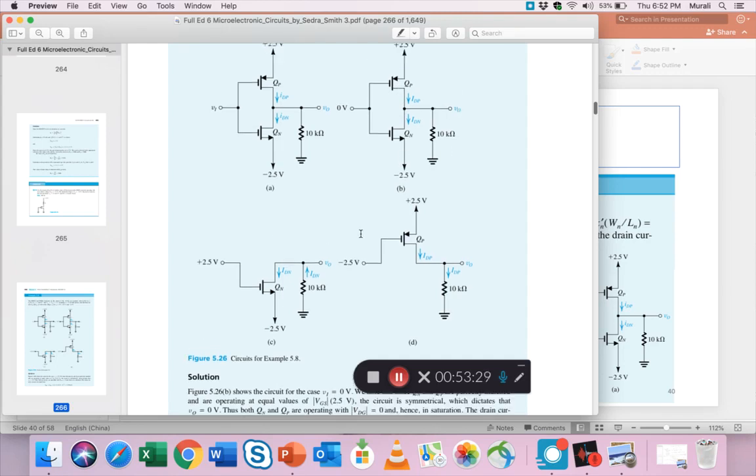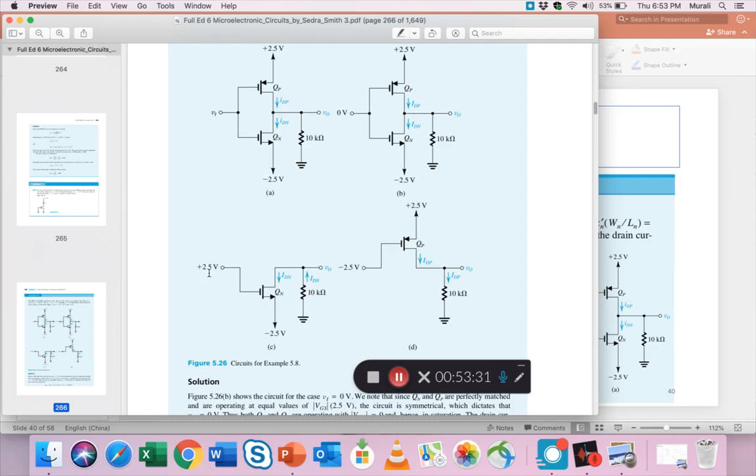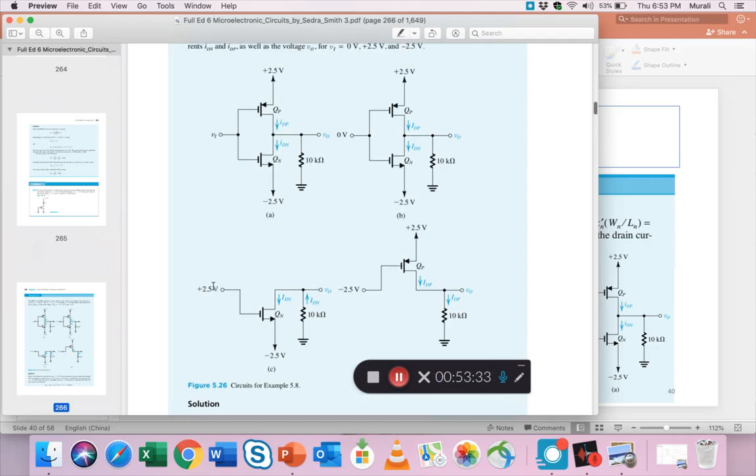Now what's more interesting is when this is a plus. When you apply a plus biasing voltage to this combination, you're actually cutting off one of the transistors, because we know that a plus gate only turns on an NMOS FET, since you need positive bias at the gate for an NMOS.